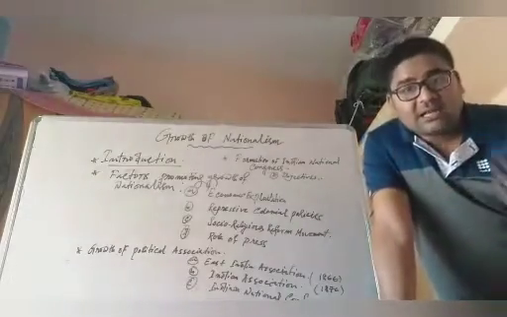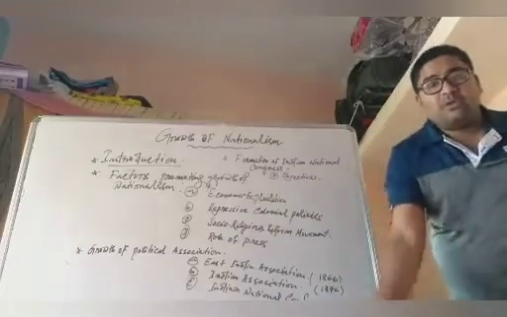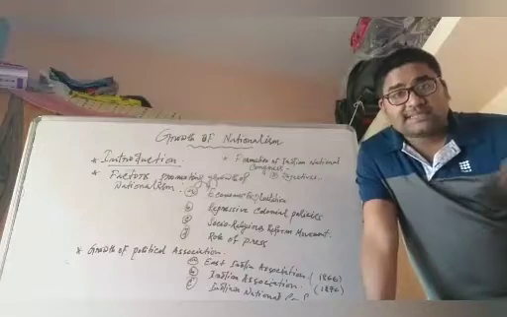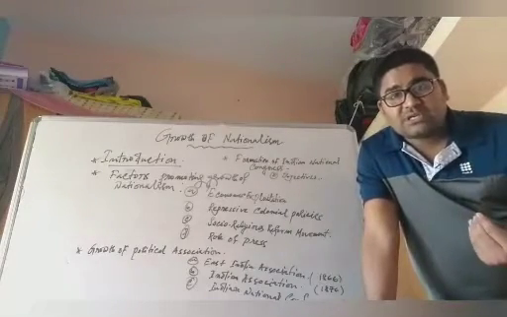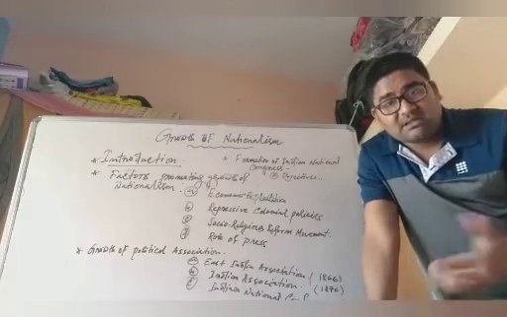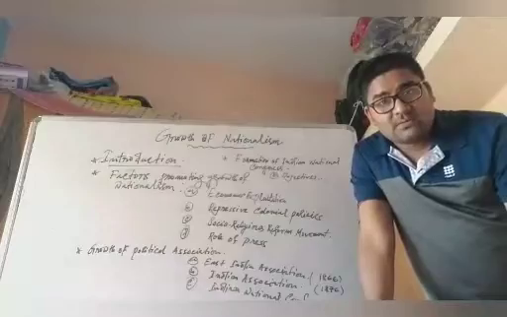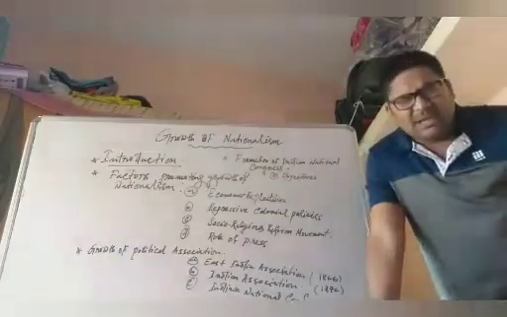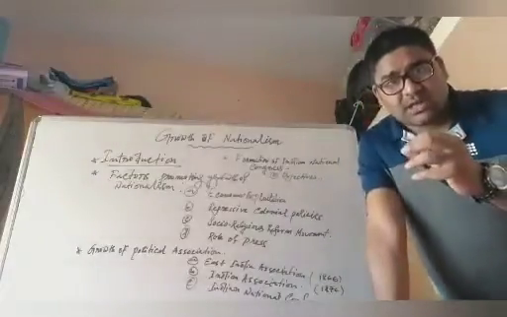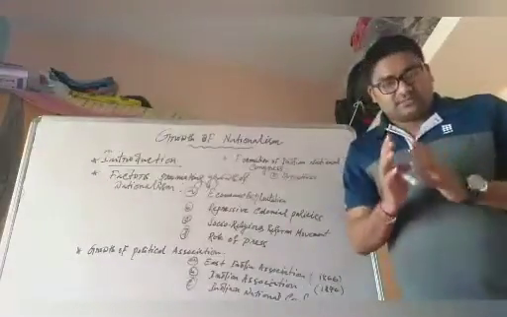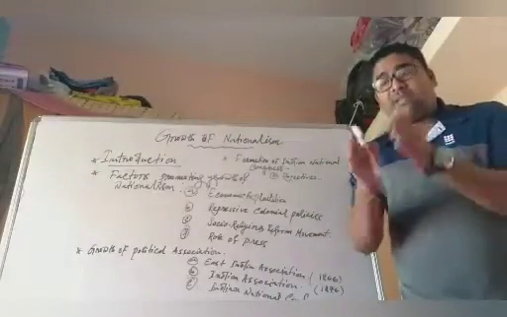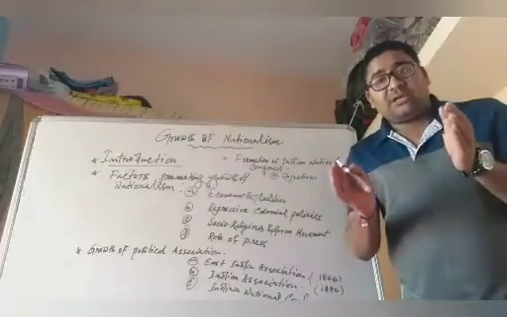After that, many other associations were established, like the Bengal British India Society, then British India Association, East India Association, Indian Association, All India National Conference, Madras Association, Bombay Association, Pune Sarvajanik Sabha, and many more. But one thing you have to remember, all these associations were localized in nature, and the participation was limited to middle class educated people.